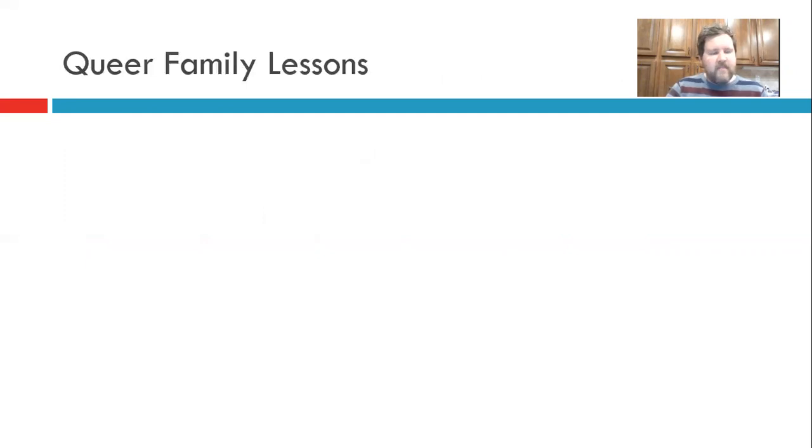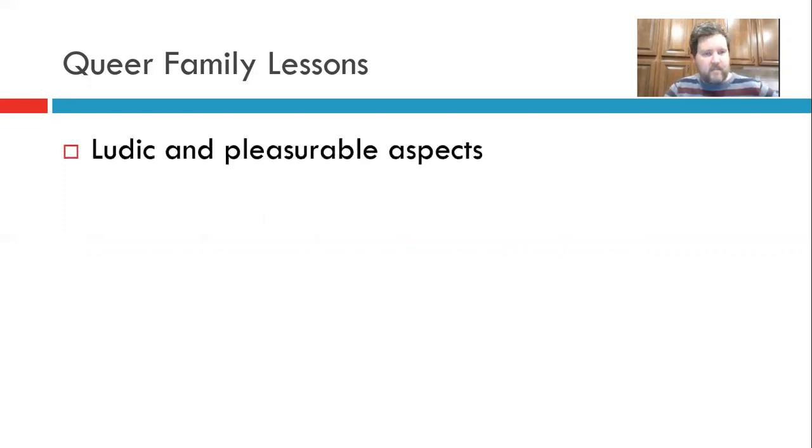And so there are a lot of queer family lessons that can be taught. And by that, I mean things that we can look at that are happening with queer families that aren't happening with heteronormative families. So for instance, queer families, it is empirically established, appreciate the more ludic and pleasurable aspects of life. And so they're more spontaneous. They tend to do things they enjoy more and allow themselves to have pleasure in comparison to heteronormative families.